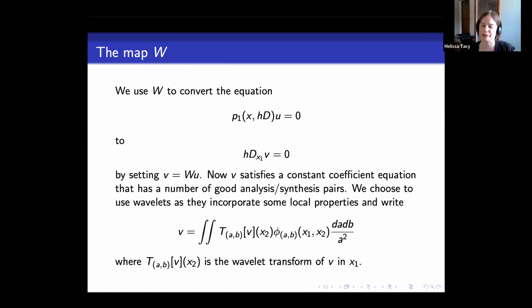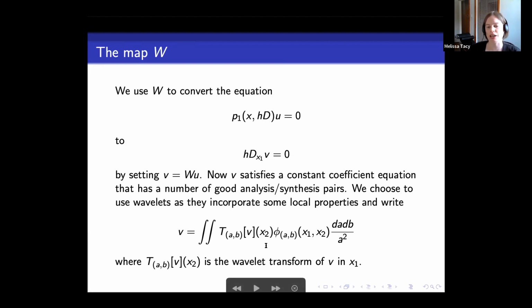And the reason I'm choosing this, say, over Fourier transform, is that it has locality. So a Fourier transform is a global thing. You're decomposing things into waves that are not localized at all, whereas wavelets have some localization built in, and that helps with the analysis. So I decompose v and write it in terms of its synthesis.